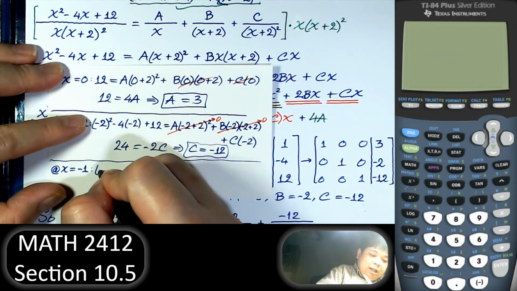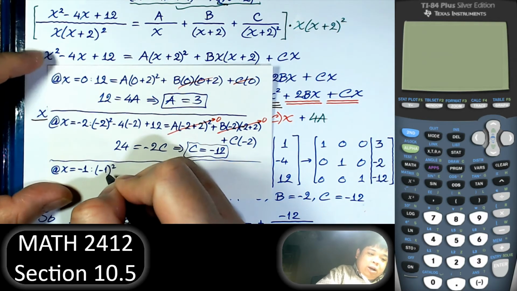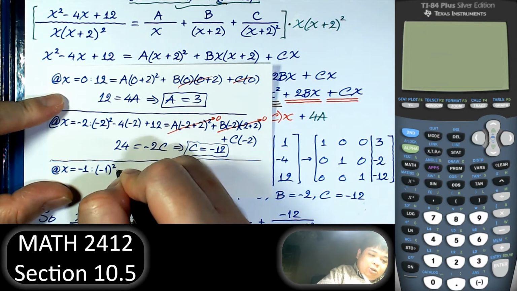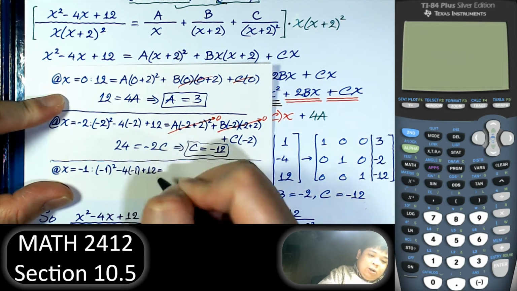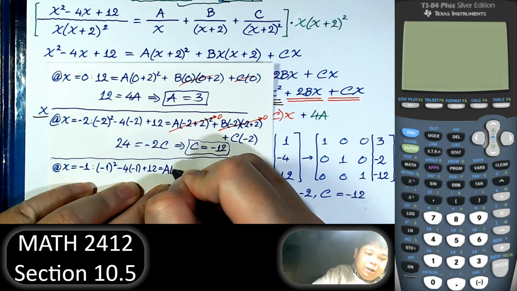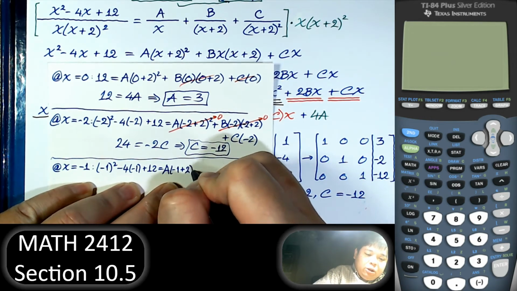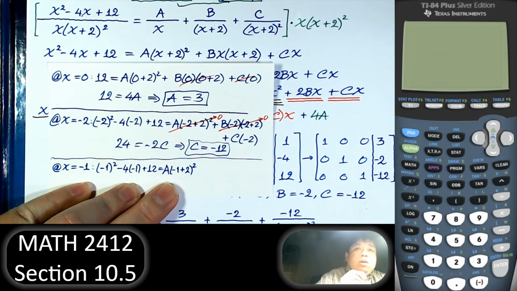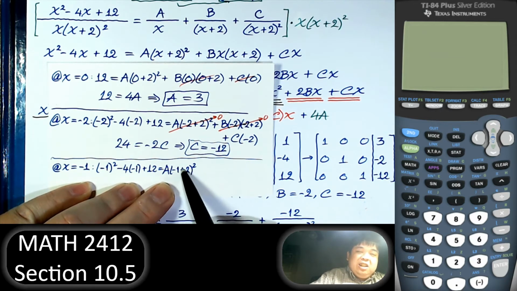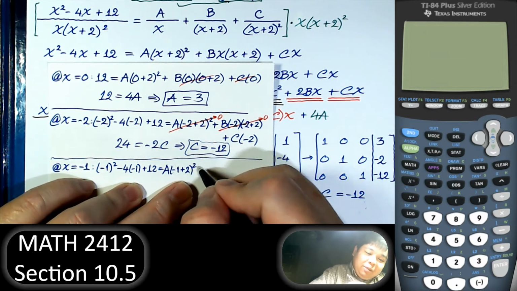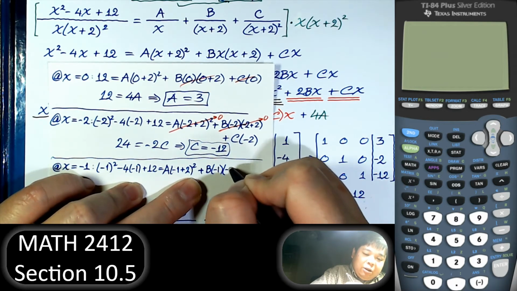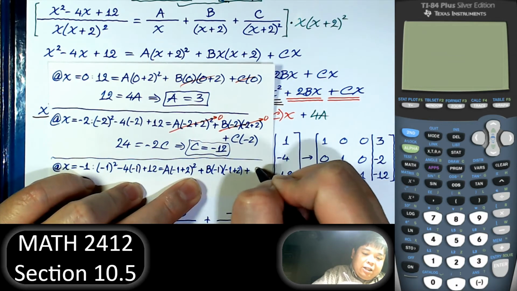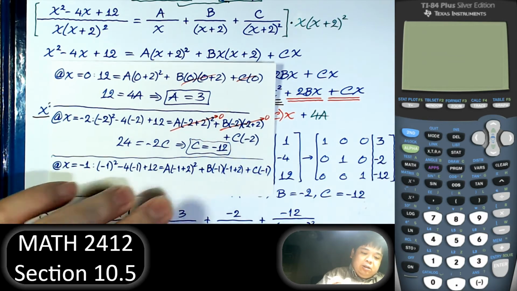And then put that in here, -1 squared minus 4 times -1 plus 12 equal to A times -1 plus 2 squared. Of course, you can choose any number, but the reason I choose -1 is because this is just 1. B times -1 plus 2, and then C times -1.